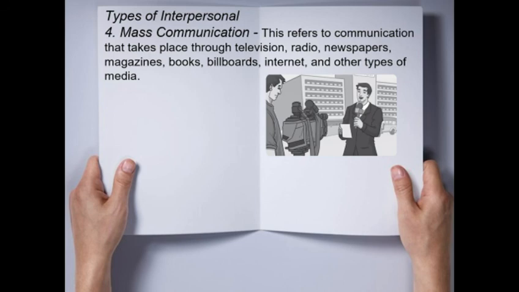So the next topic, I have a video taken from YouTube about the major types of communication. Please take time to watch it. I will upload it in Pocket Study.